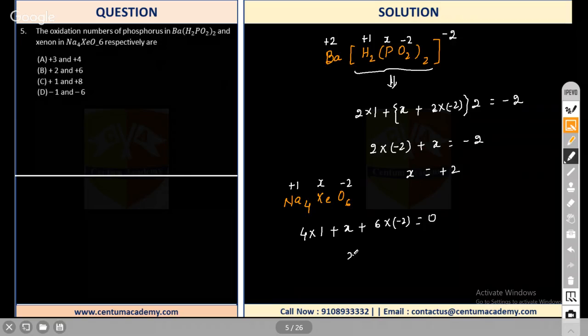So when you solve this, you'll get X is equal to +8. X is +8 and +1. Okay, so let me just check the calculation here. Ba is +2, so it is -2, so it is -2 -2 +2.